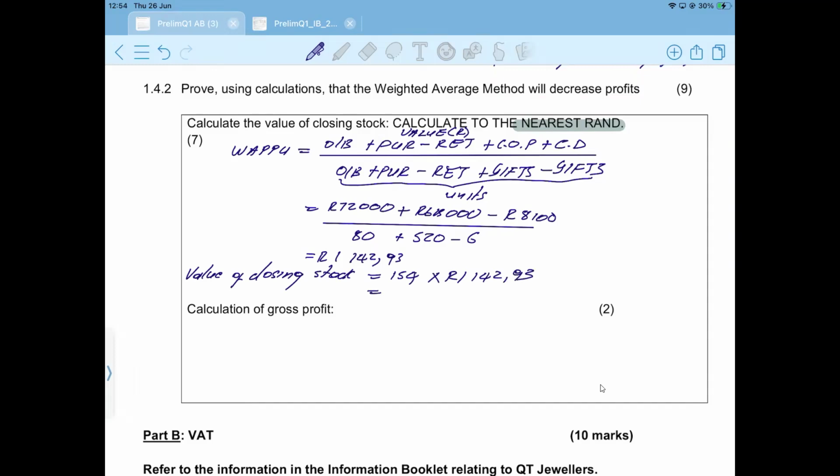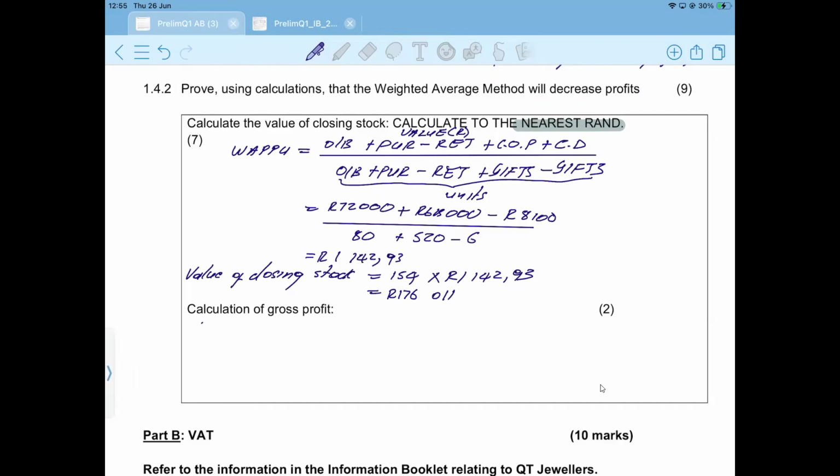How much does this give us? It'll give us 176,011.